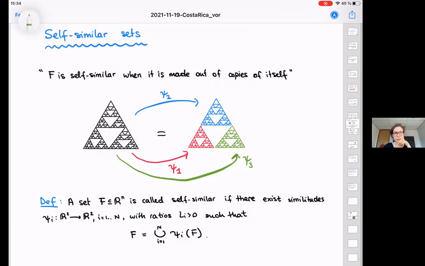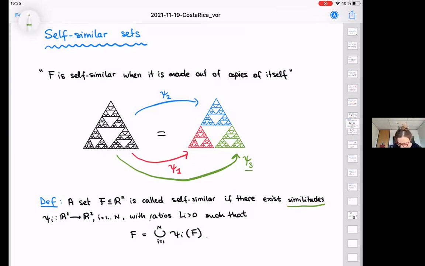Now we have what are called similitudes. These mappings, these functions, are called similitudes because they bring a triangle into a triangle again, so nothing is really changing that much.